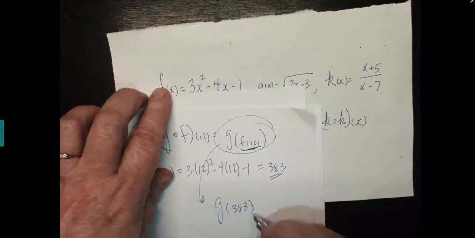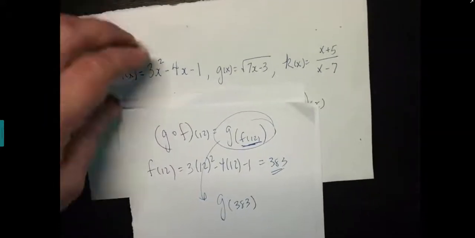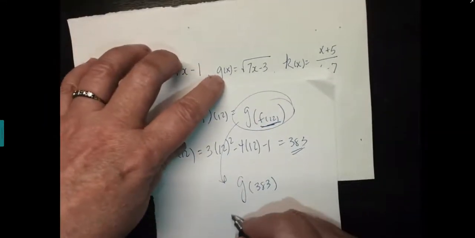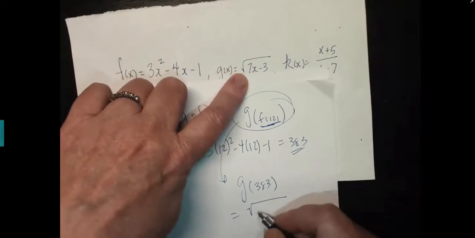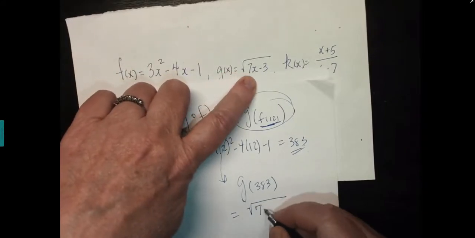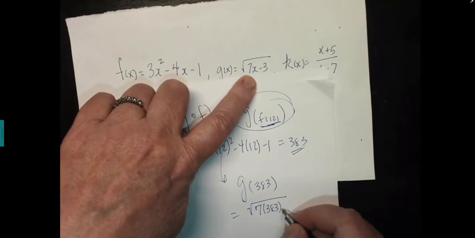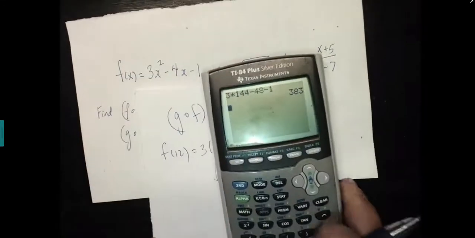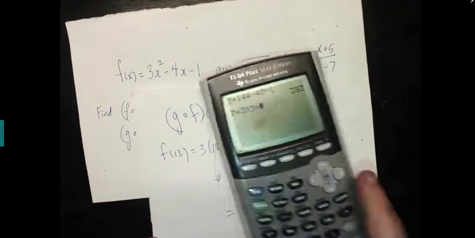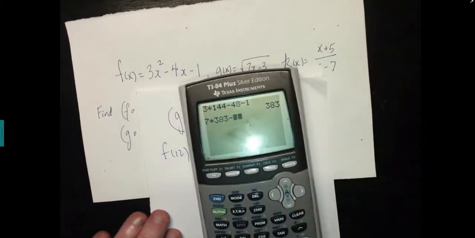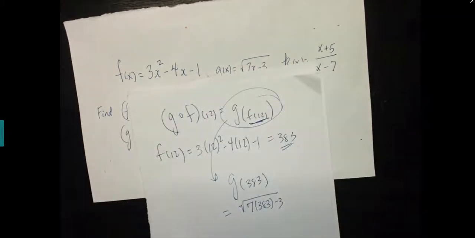Now, what's g evaluated at 383? Well, wherever there's an x in my formula for g, I'm going to replace it with 383. And 7 times 383, and then minus 3 gives me 2678.